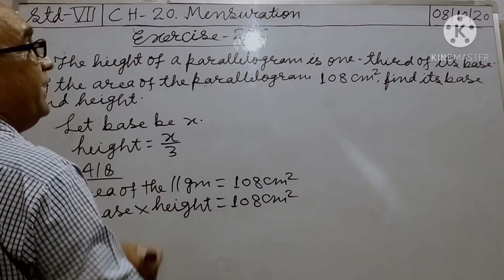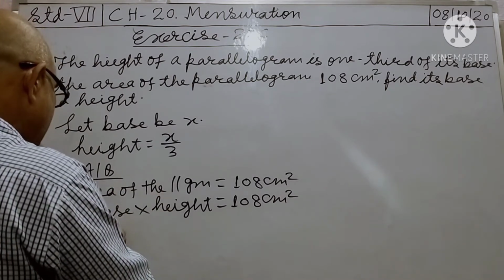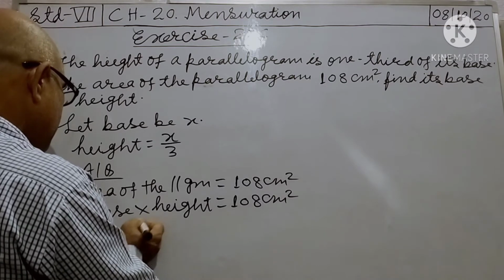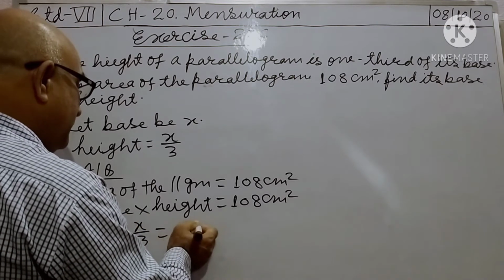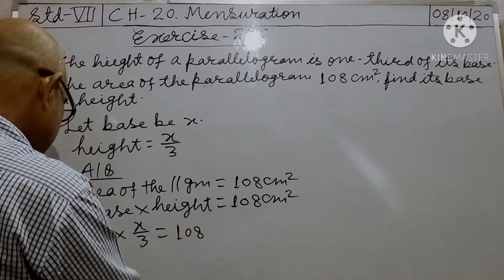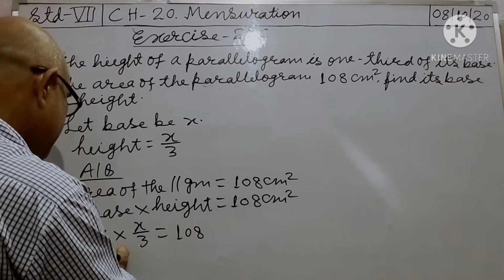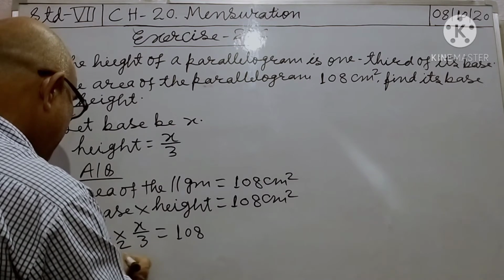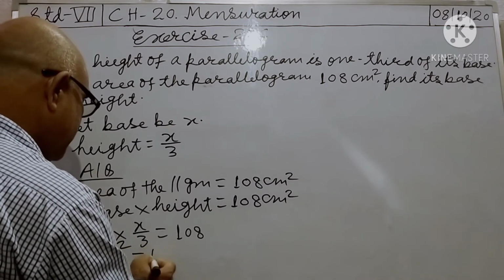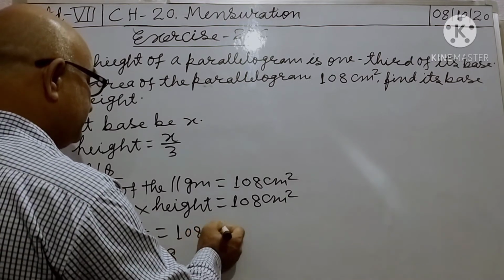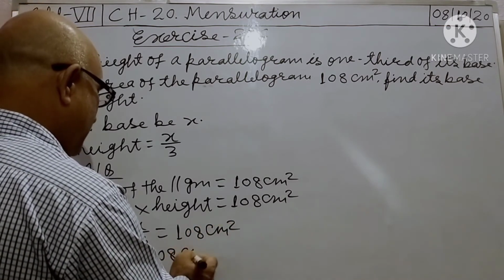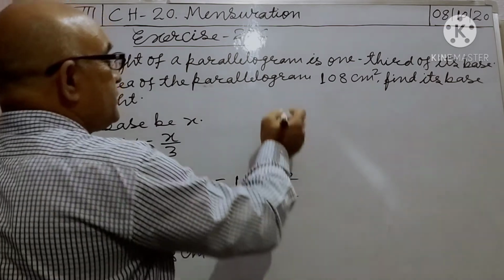That implies base x into x by 3 equal to 108. That implies x square by 3 equal to 108 cm square.